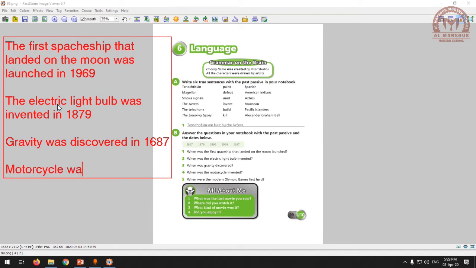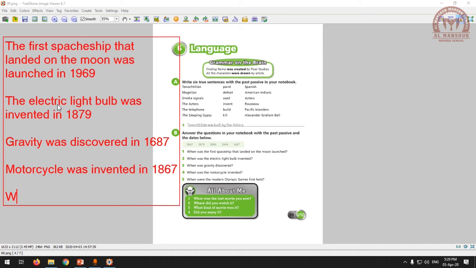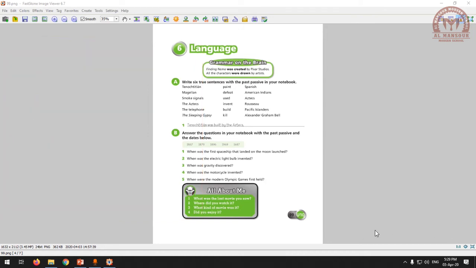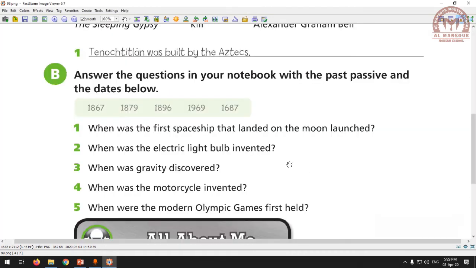Motorcycle was invented in 1867. The last sentence. Modern Olympic Games were first held in 1896. Okay? All right. After you finish, I want you to flip the page on page 100.